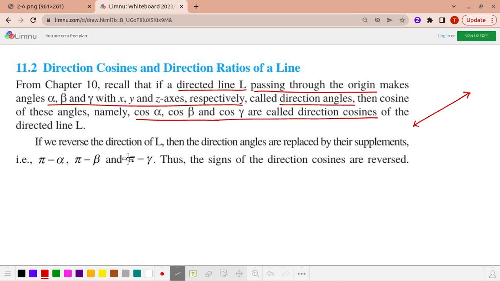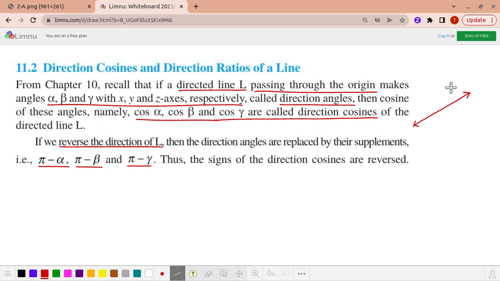Now as I was telling a minute back, a line can have two directions. If we reverse the direction of L, then the direction angles are replaced by their supplements. If alpha is an angle, its supplement will be pi minus alpha, then pi minus beta and pi minus gamma.